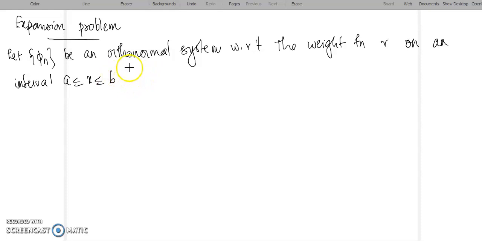So you are given an orthonormal system with respect to the weight function r on the interval a less than or equal to x less than or equal to b, and let f be an arbitrary function.